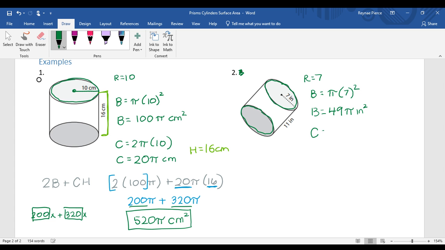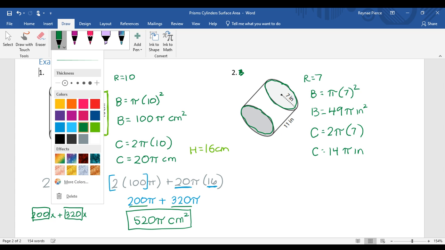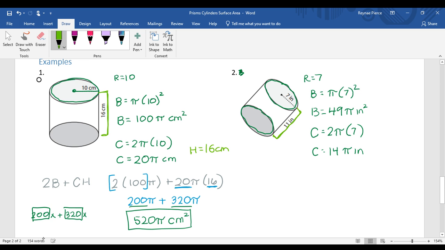Okay, circumference, again, I've got my radius, so I'm going to do 2 pi times my radius to get a circumference of 14 pi inches. And then my height is how far apart those circles are. That's 11 inches.